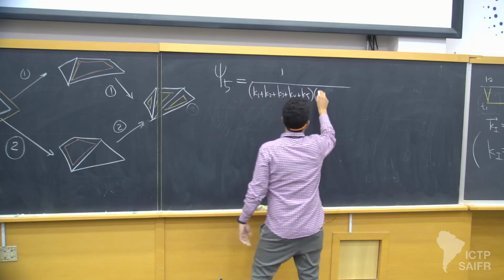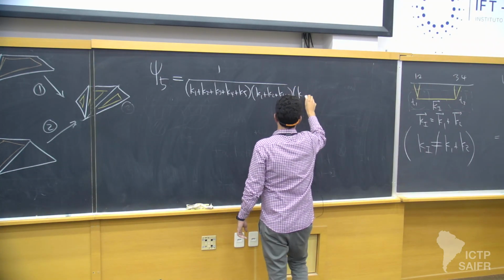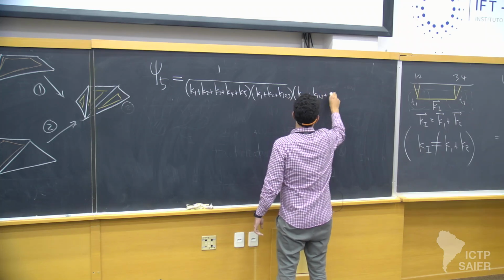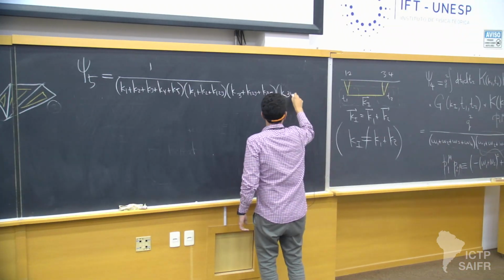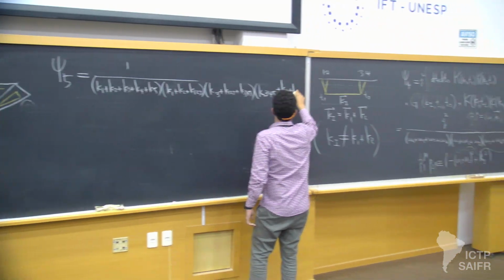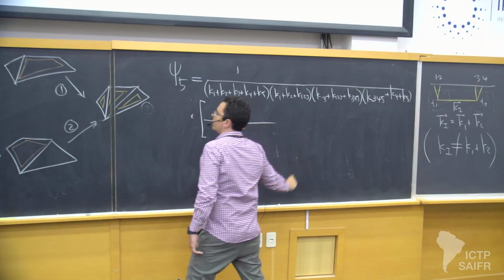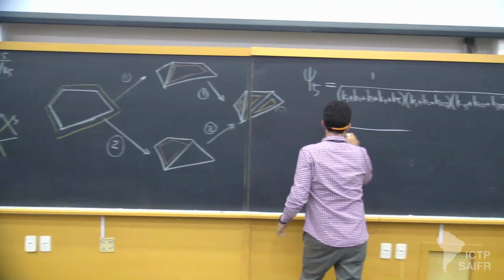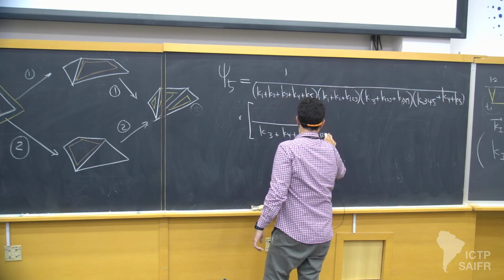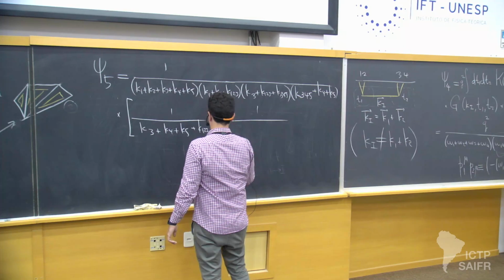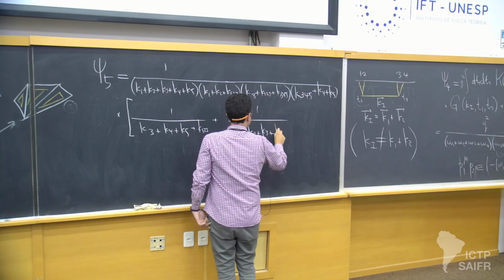Then the little ones are K1 plus K2 plus K1,2,3, K3 plus K1,2,3 plus K3,4,5, K3,4,5 plus K4 plus K5, times this term here, which is 1 over K3 plus K4 plus K5 plus K1,2,3, plus 1 over K1 plus K2 plus K3 plus K3,4,5.